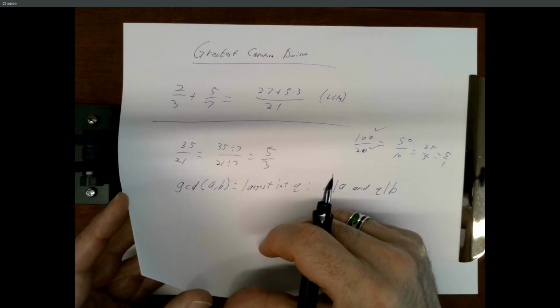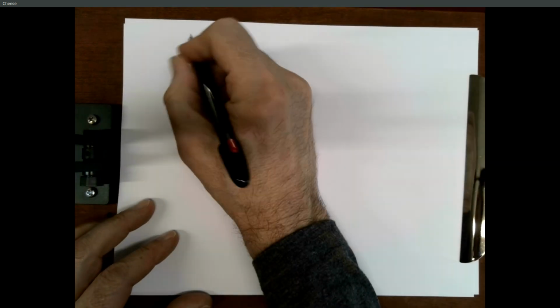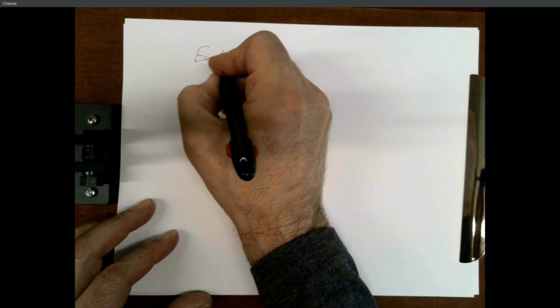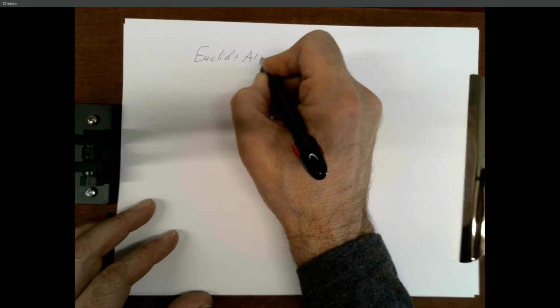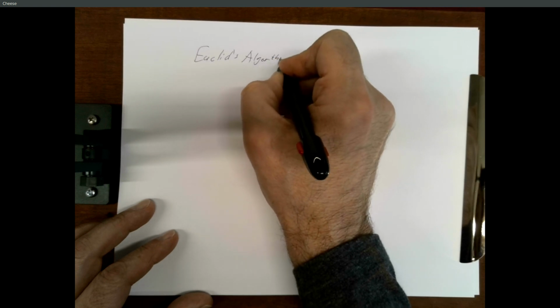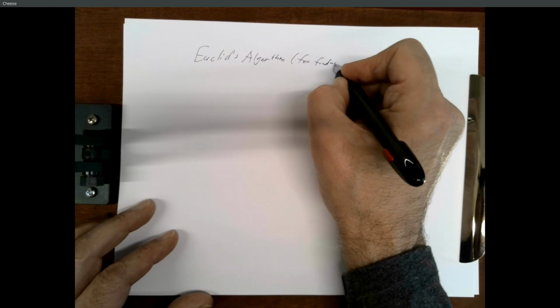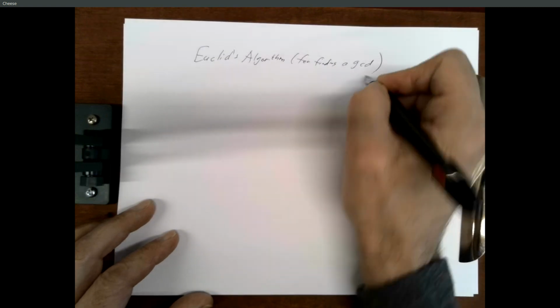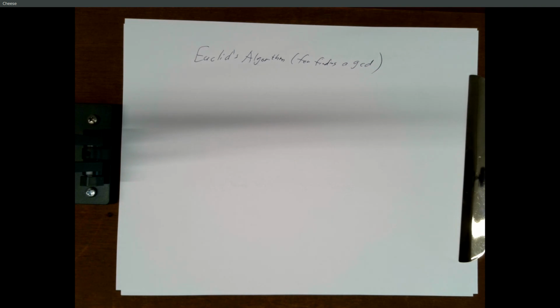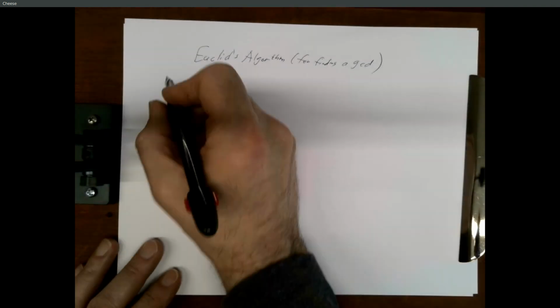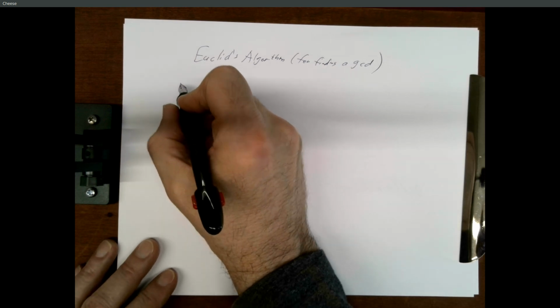Okay, so there's an algorithm for finding the greatest common divisor of two numbers, and this is called Euclid's algorithm. So Euclid's algorithm for finding a greatest common divisor. Suppose we want to find the greatest common divisor of, well, let's just do 35 and 21.